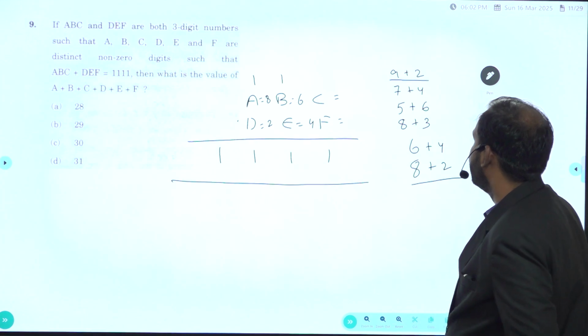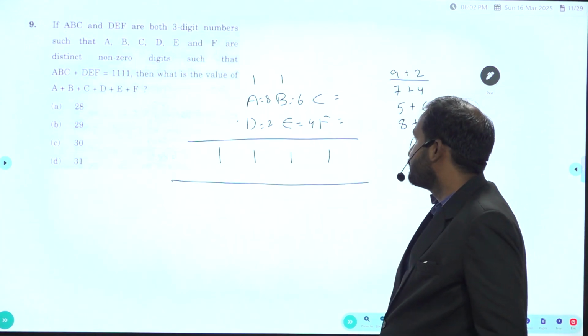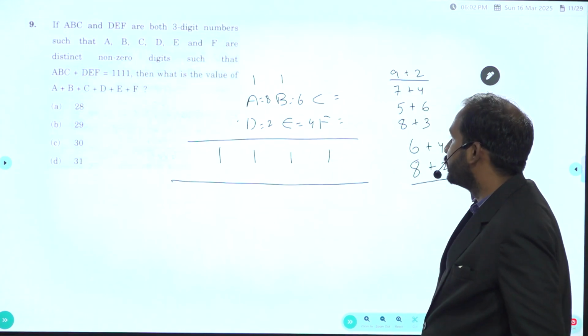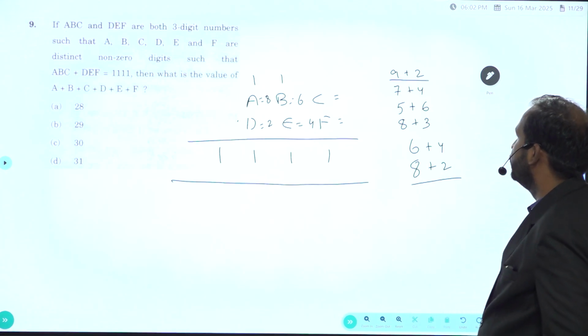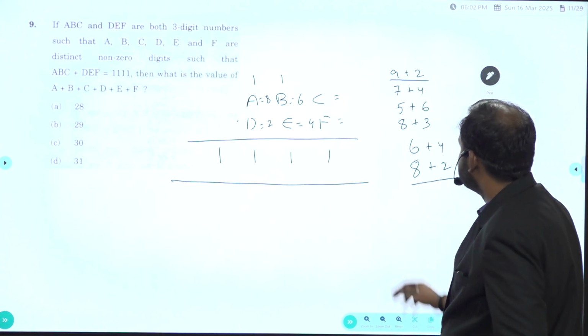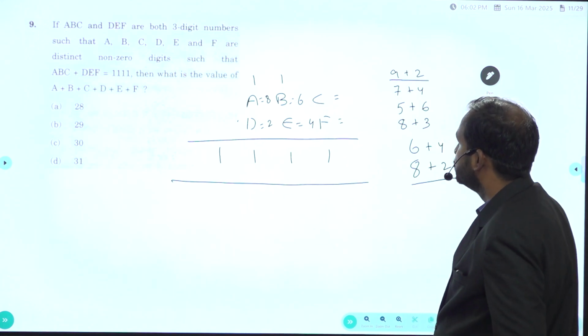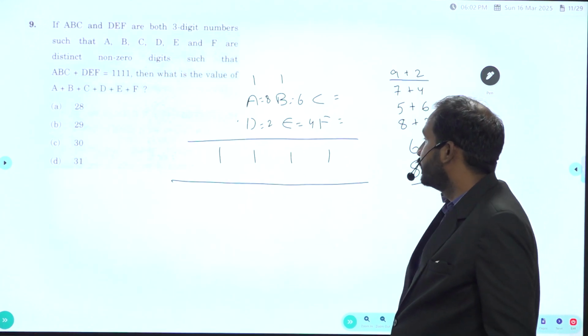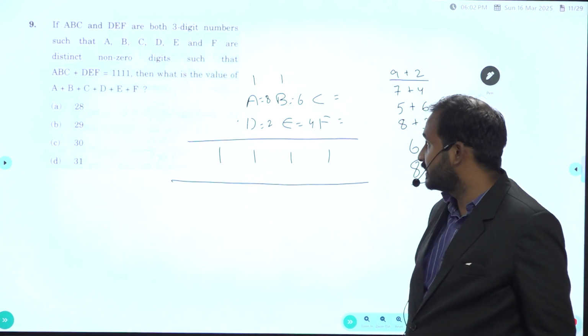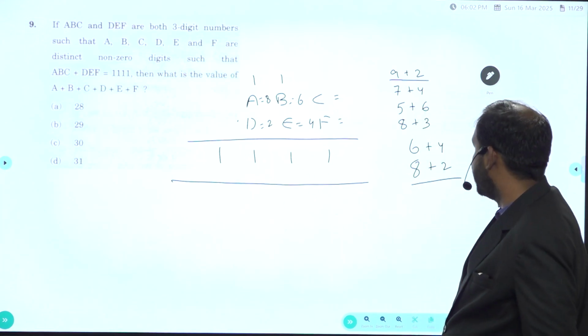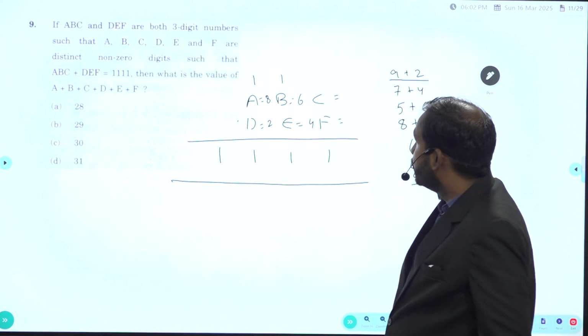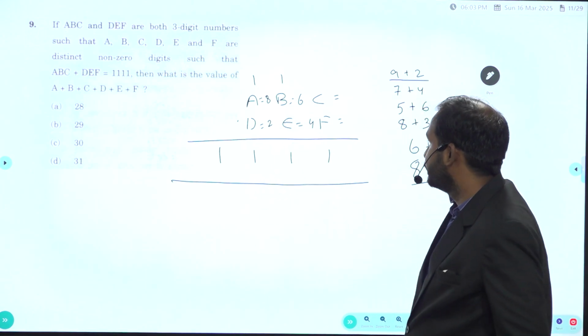So then what are the values I should take here? 8, 2, 6, 4. And which two sum should be 11? If I take 7 and 4 for time being, it is not possible. If you take 7 and 4, then once again 6 and 4, that is not going to happen. But here I can take 7 and 3.